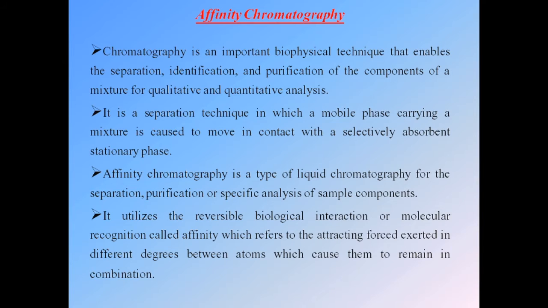In the principle of affinity chromatography, it takes advantage of specific binding interaction between the analyte of interest, normally dissolved in the mobile phase, and a binding partner or ligand immobilized on the stationary phase.